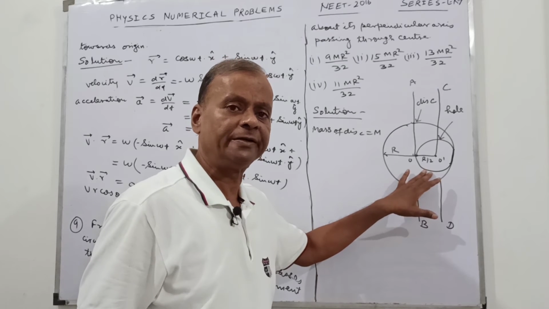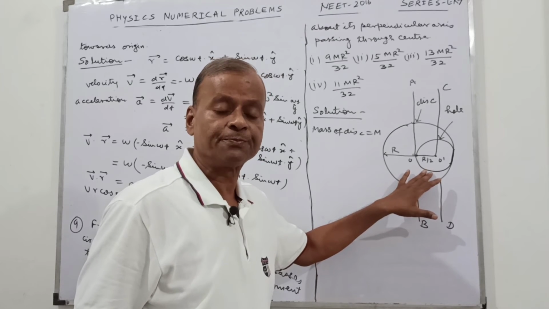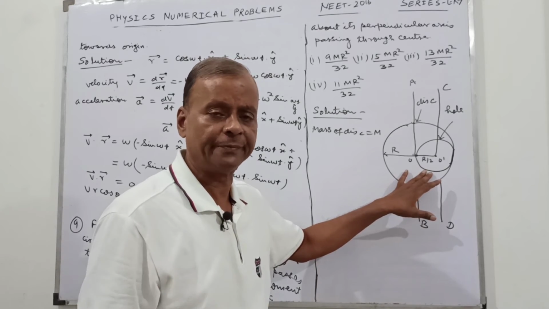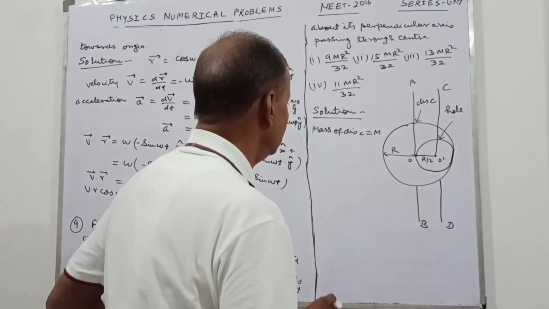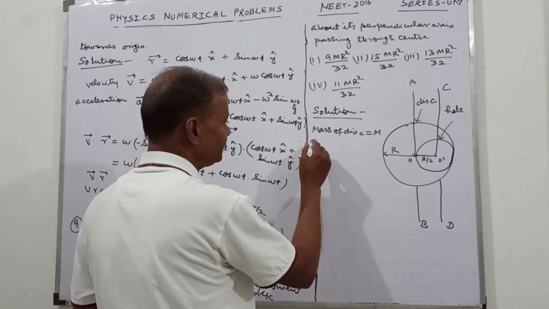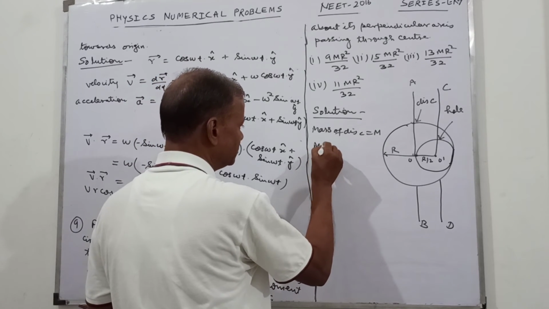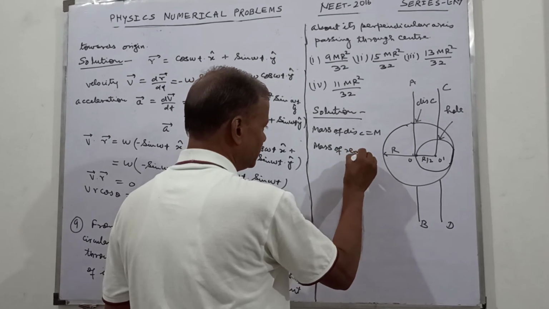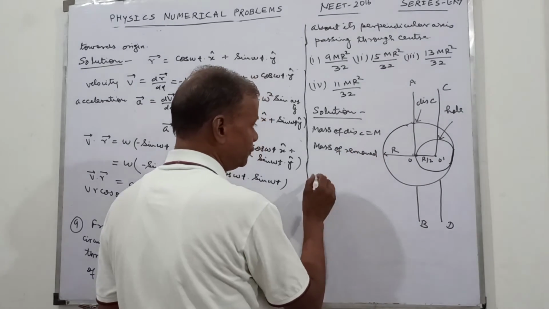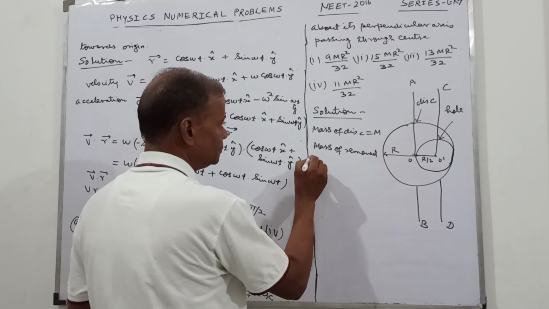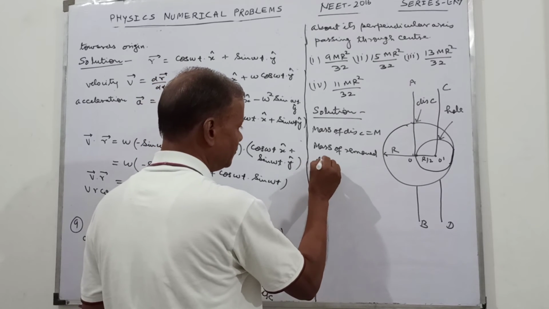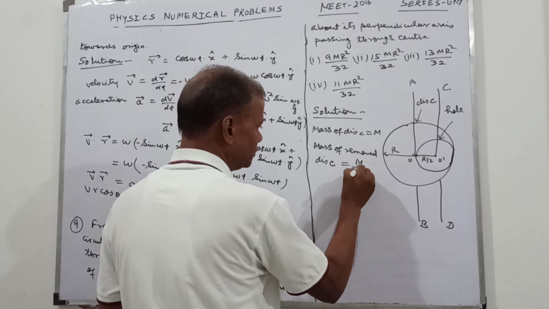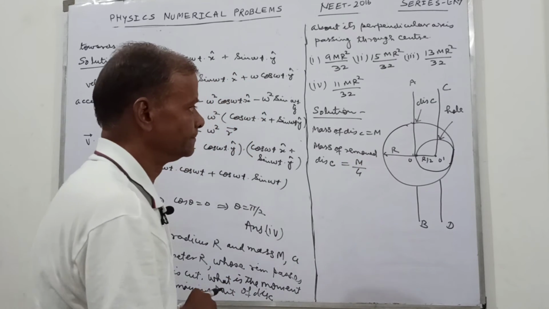You can also find this by taking the mass per unit area, and it also comes out to be m by 4. Mass of removed disk is equal to m by 4.